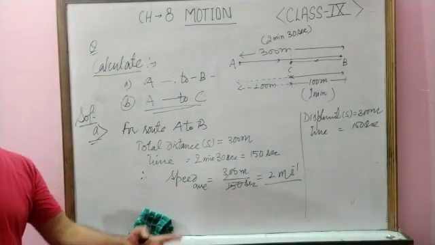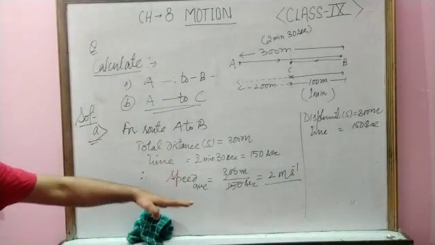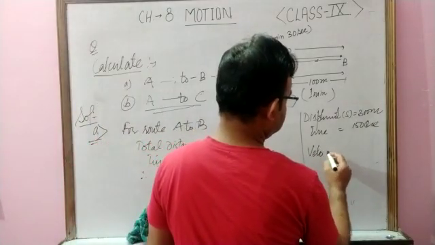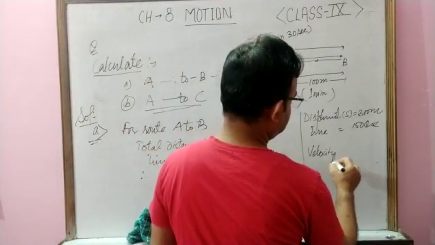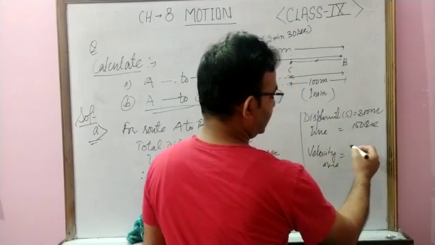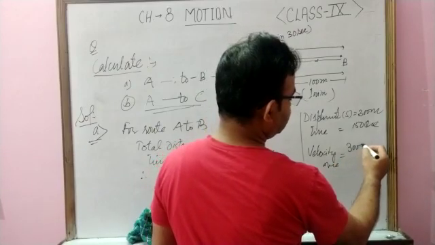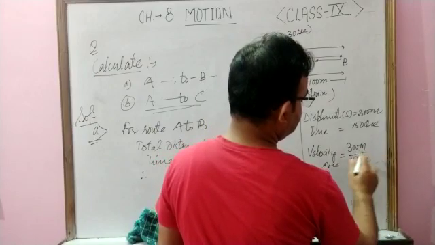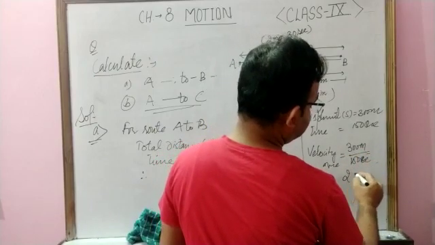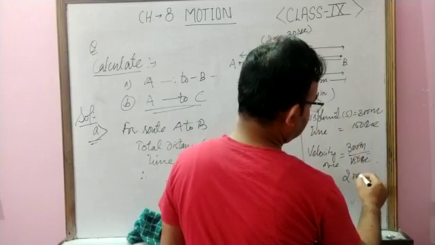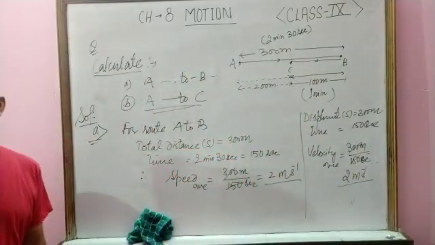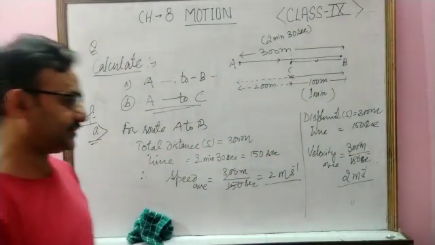Average velocity is displacement upon time, which is also 2 meters per second.